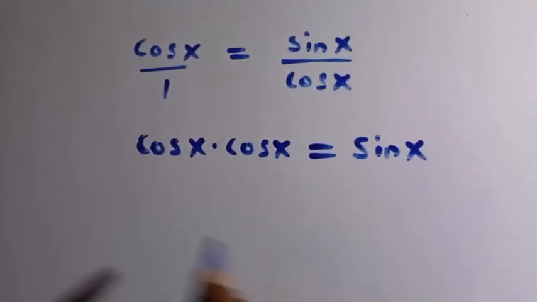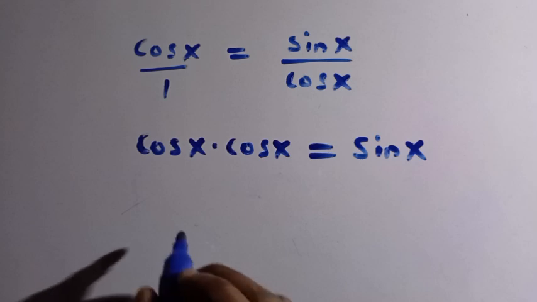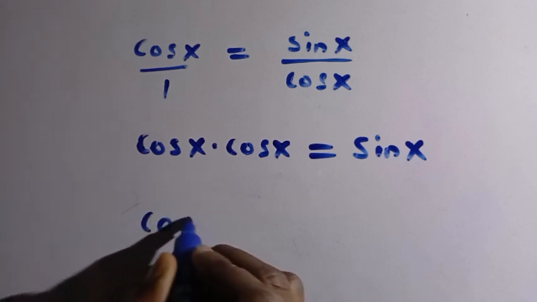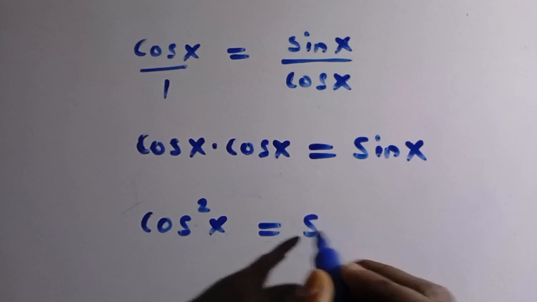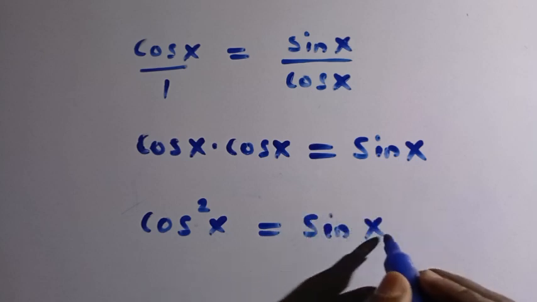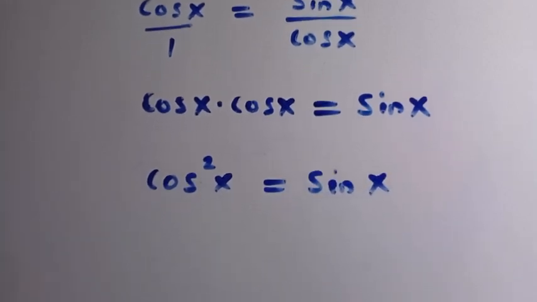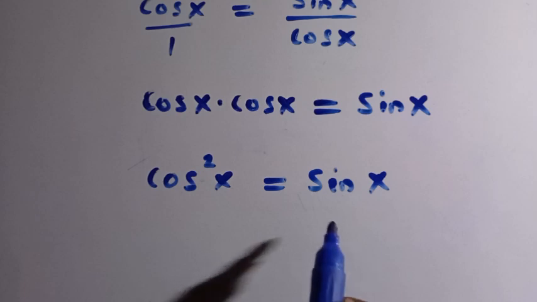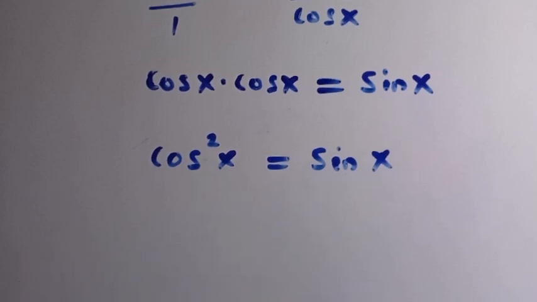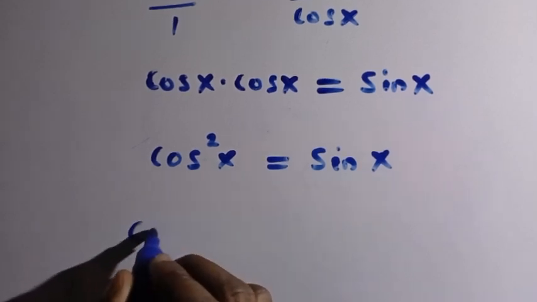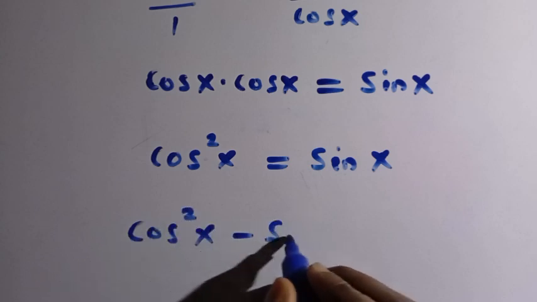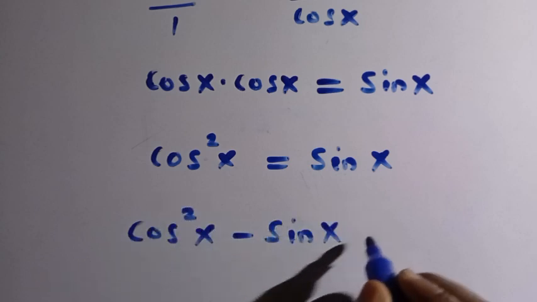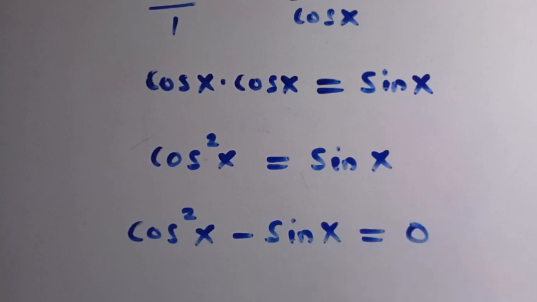Then cos x multiplied by cos x gives us cos square x equals sine x. So by taking sine x to the left hand side, we have cos square x minus sine x equals 0.